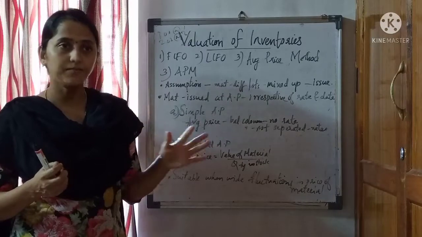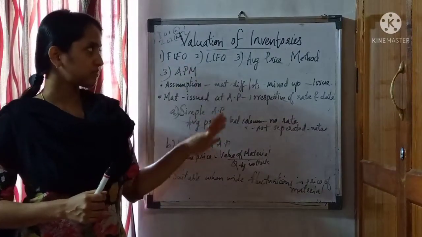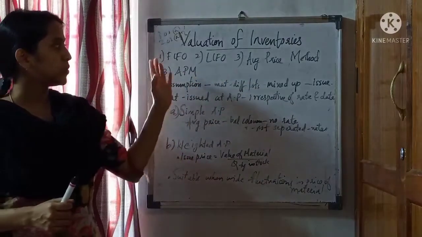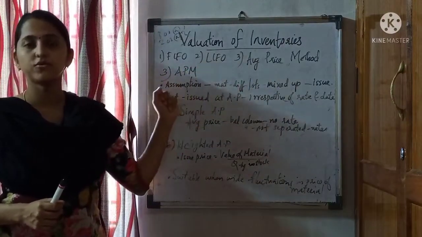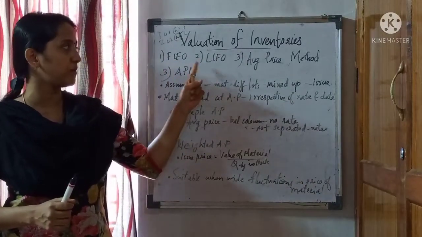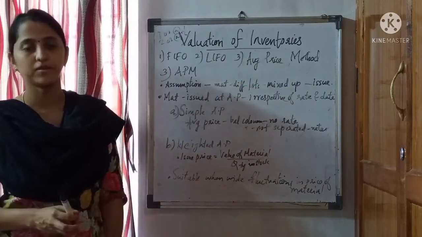So at that time we can use the weighted average price method. So this is the average price method. So these are the main three methods of valuing inventories. First one is FIFO method, second is LIFO method, and third is average price method.